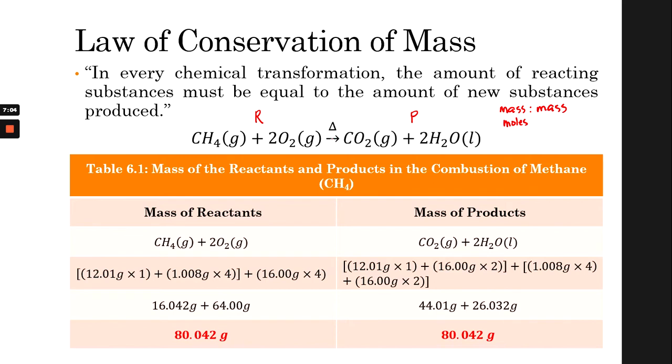So the amount of moles in your reactants is also relatively equal to the amount of moles in your product. And not only that, even in volume. So the amount of reactants per volume theoretically should be equal to the amount of volume in your product. And this relationship here is what we actually call the stoichiometry relationships, or the stoichiometry mass relationships. So being able to identify this, you can now calculate how much reactants you need in order to create a certain amount of product.